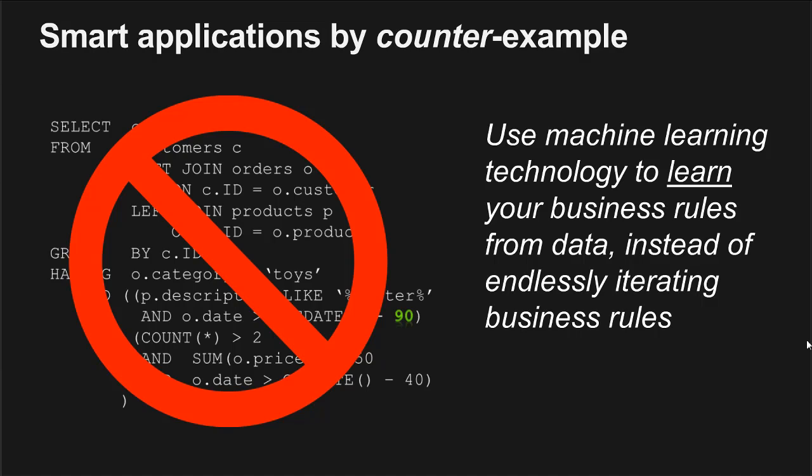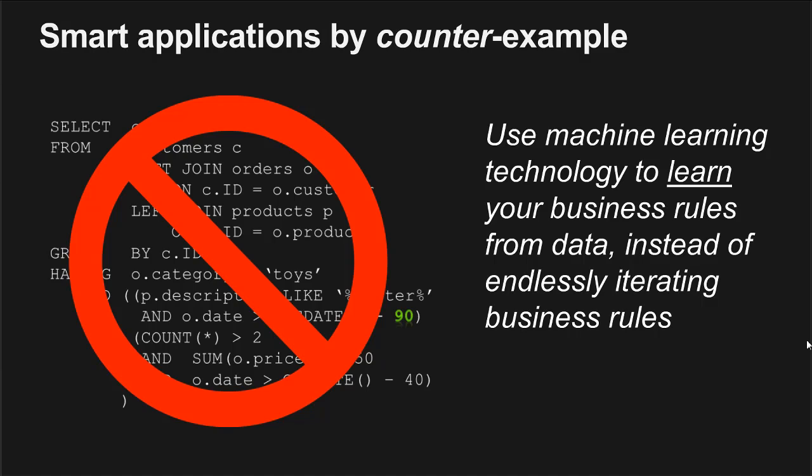And the other problem is it's not as responsive. You can't just say, find the customers that are most likely, based on the last weeks of data, to take this offer and target the offer to them. You have to explicitly pull out a set of business rules that say, these are the customers that ordered toys in 90 days and so on.